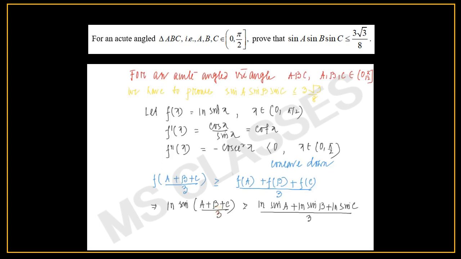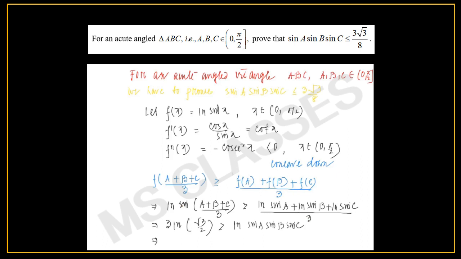Now, ln sine π/3, so we can see here ln of root 3 by 2, and we take the 3 from the RHS. It is ln of sine a sine b sine c.